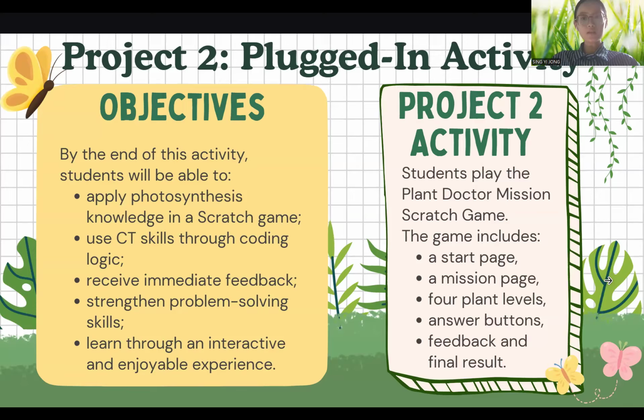To meet these objectives, students play the Plant Rescue Mission Scratch game, which includes a start page, a mission page, 4 plant levels, instructions, and a feedback and result system.